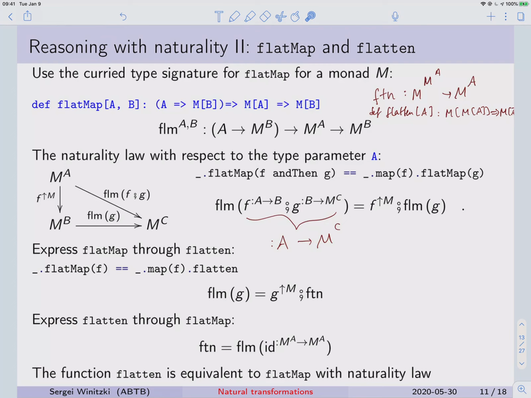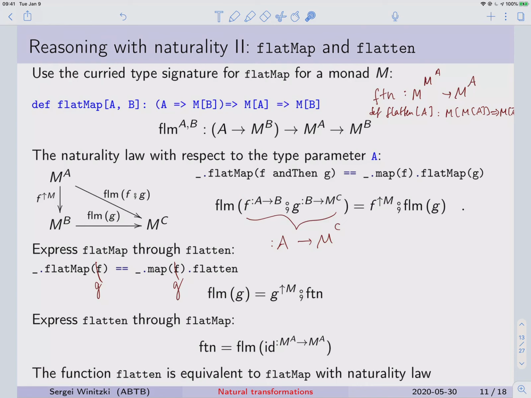The flatMap is expressed through flatten like this, or in the formula it will be written like this. For consistency, I should write G here instead of F, because F I've used over here as a function of a different type.